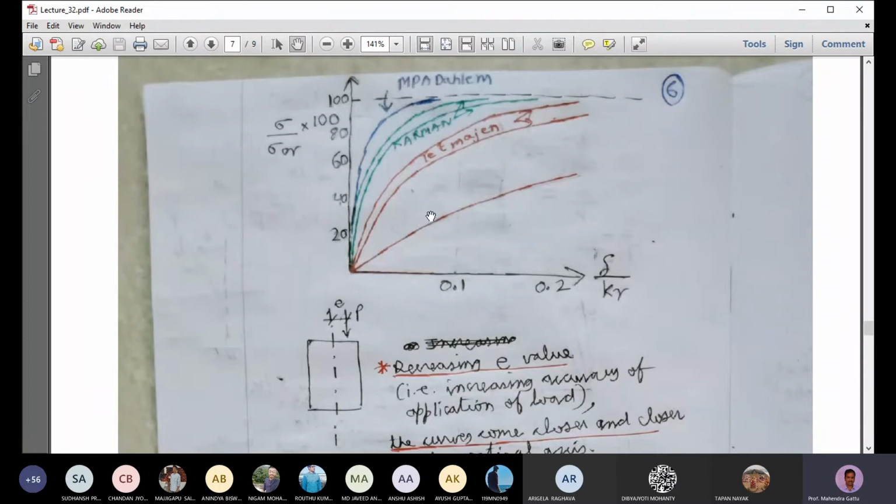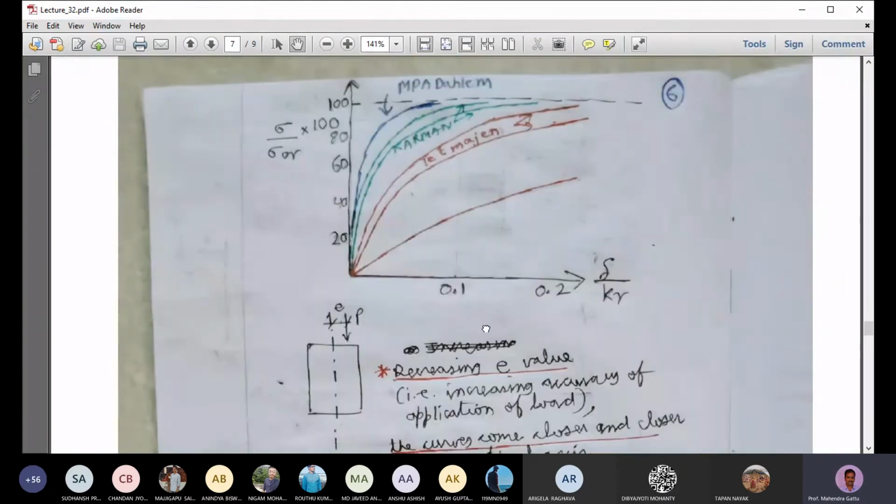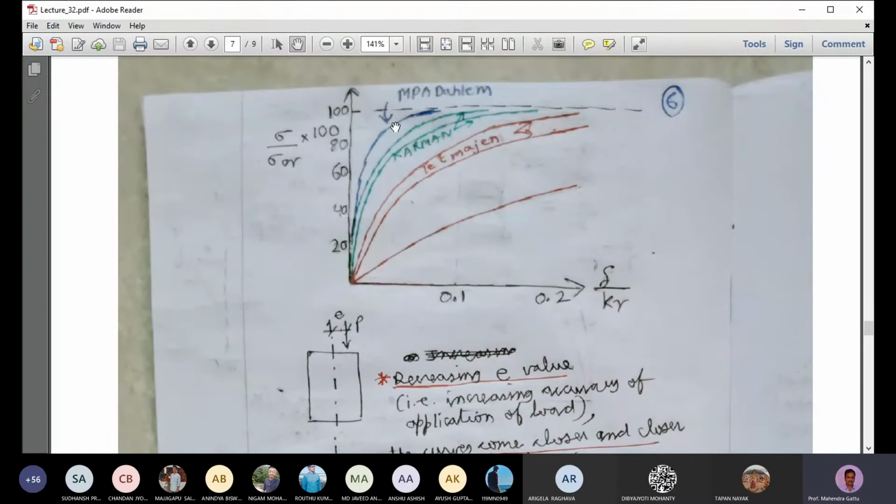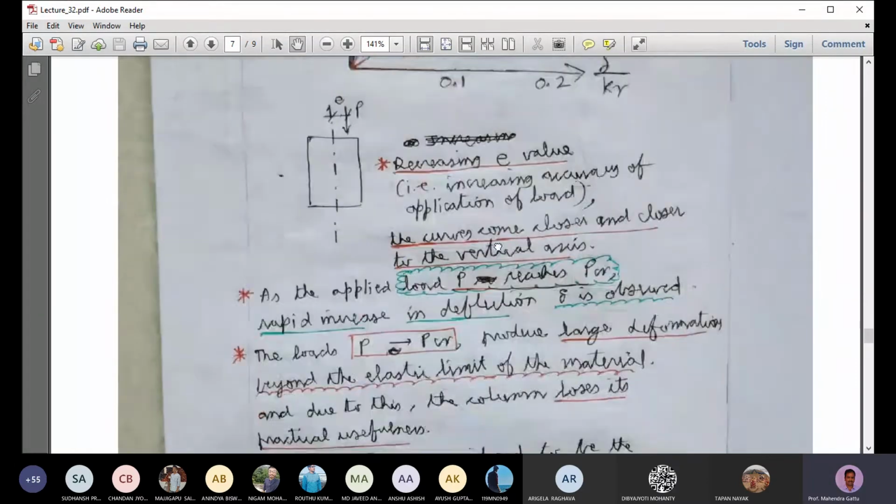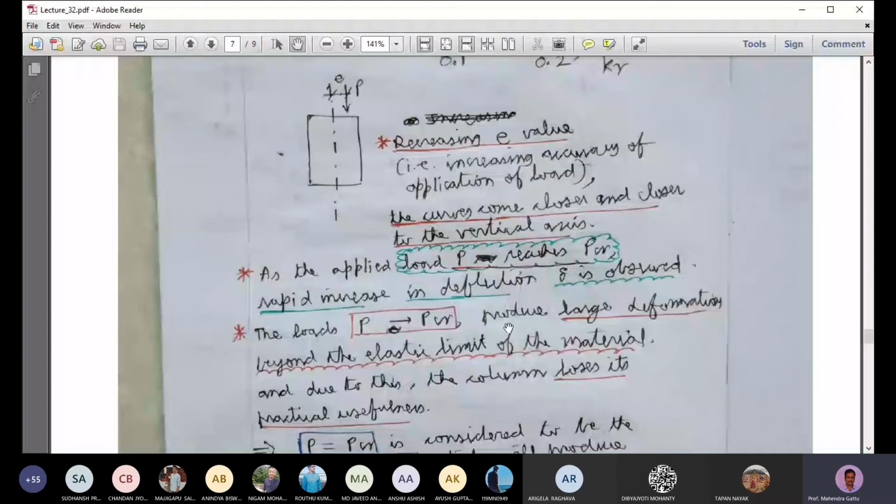So this is regarding the experimental testing, which confirms that the theory which was developed is close to the experimental trend. So what they observed is, as the load approaches P critical, or sigma approaches sigma critical, the deflections are increasing rapidly.